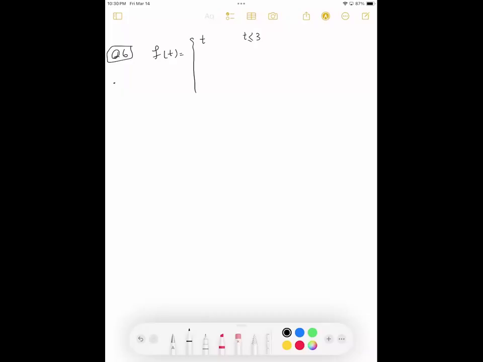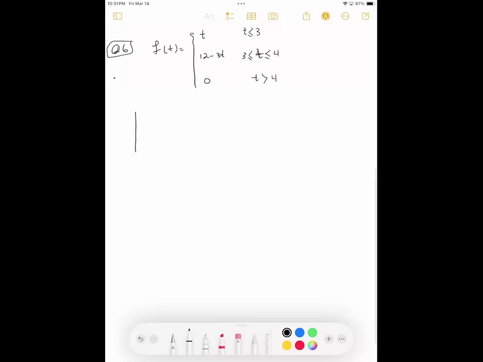We have 12 minus 3t if t is between 3 and 4. And then we have 0 if t is greater than 4. So we want to find the Laplace transform of f(t).